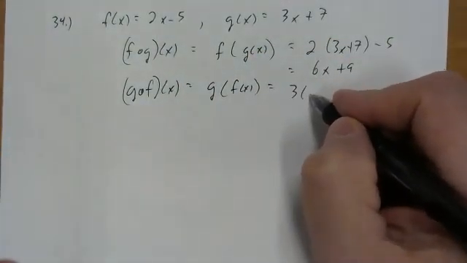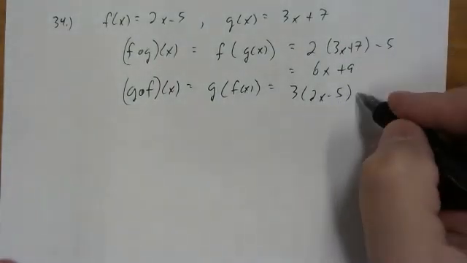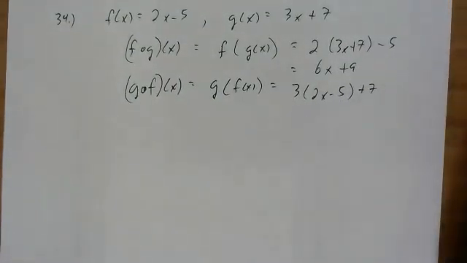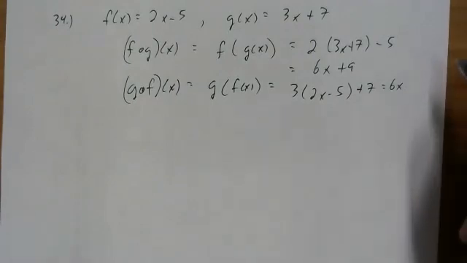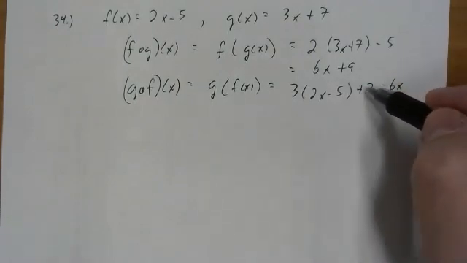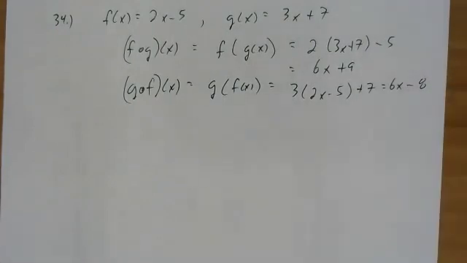So 3 times 2x minus 5, plus 7, which is going to equal 6x minus 15 plus 7, which is 6x minus 8.